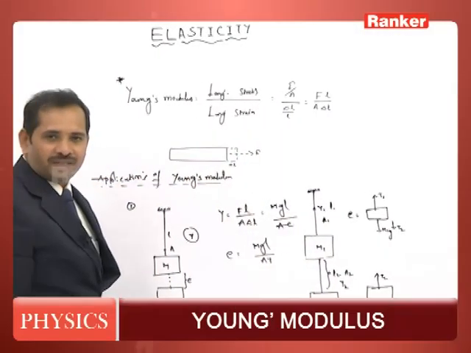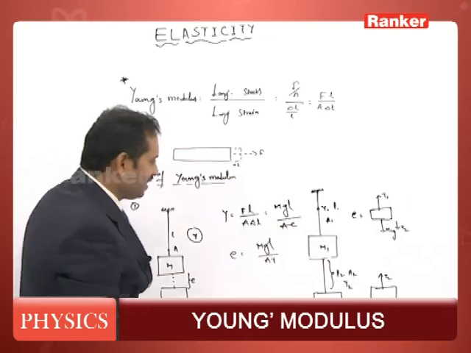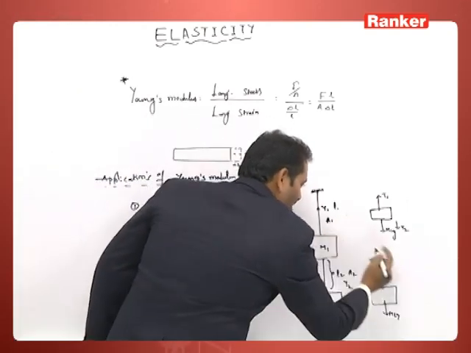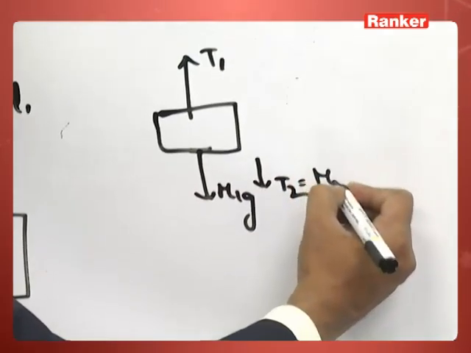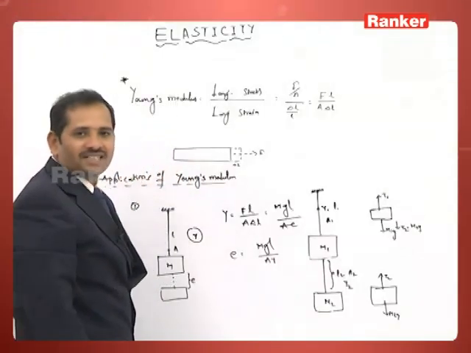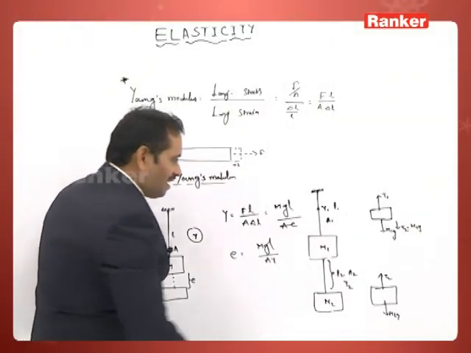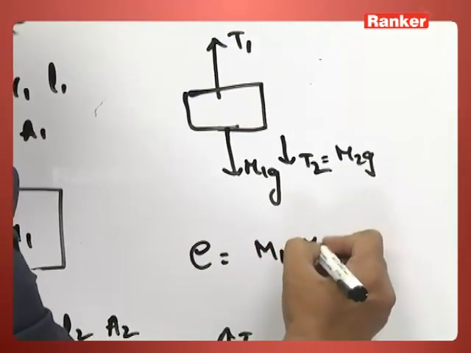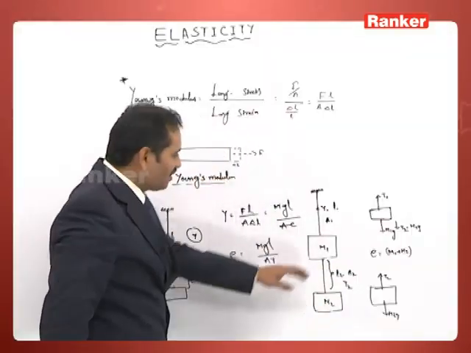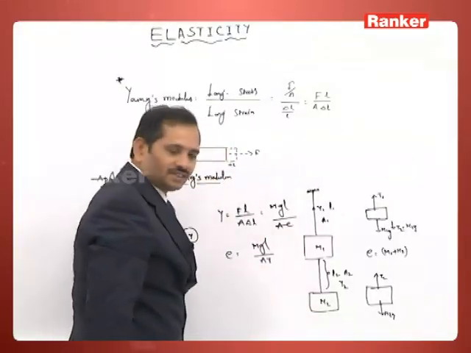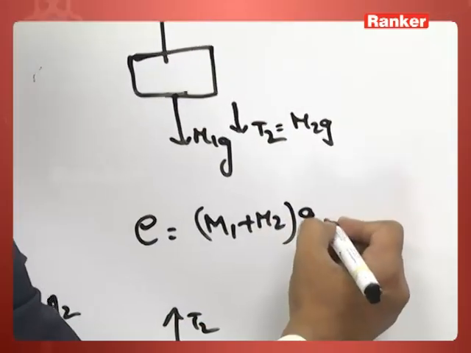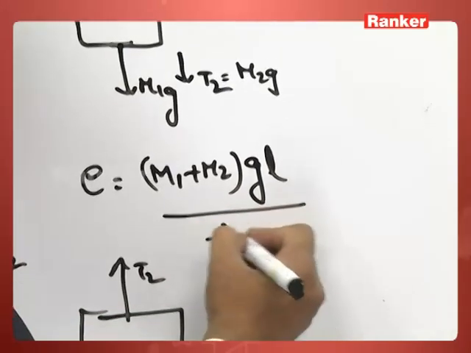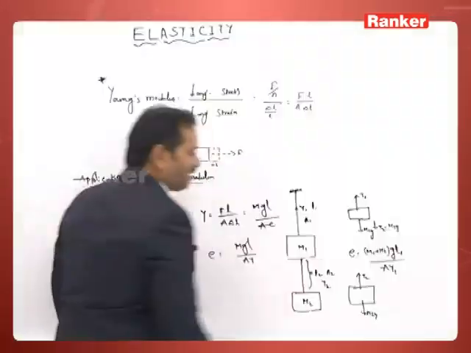It is under equilibrium. Then you can understand like this. T2 equal to what? M2G. Extension produced in the upper wire, M1 plus M2, clear please, M1G plus M2G into L by AY, but first wire A1, Y1.